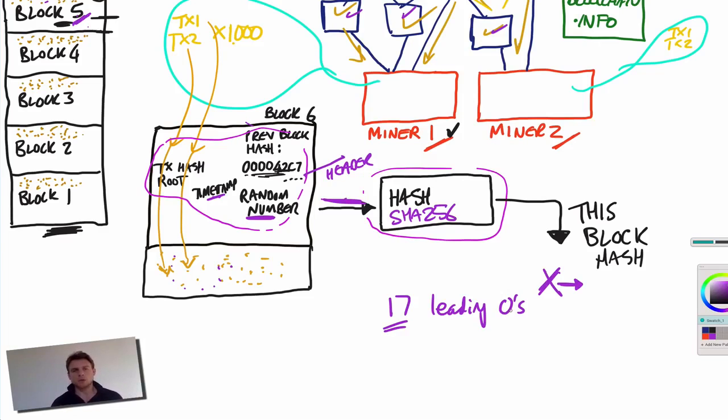So we all know about the SHA-256 hashing algorithm, right? We've seen it in the previous video. If you haven't watched it, please watch it, because this is probably making absolutely no sense right now.